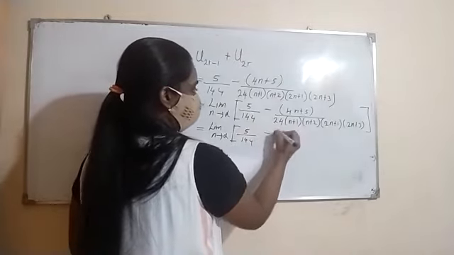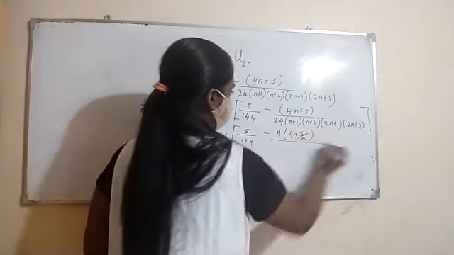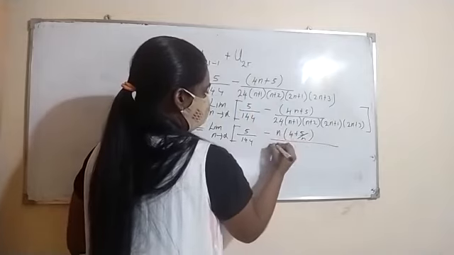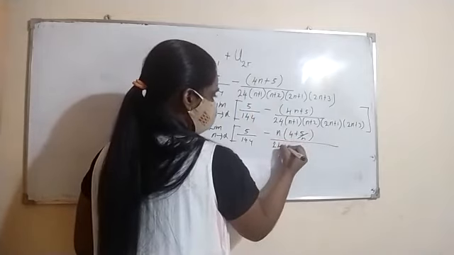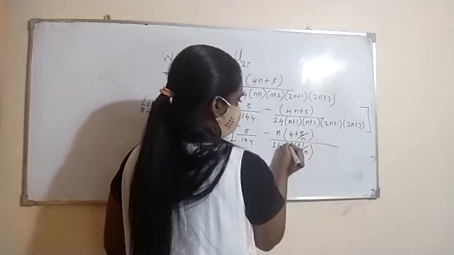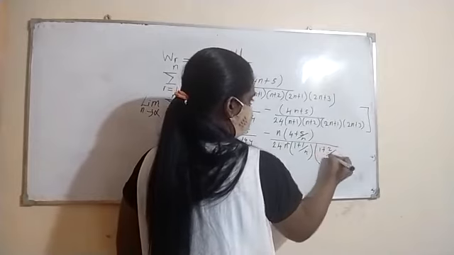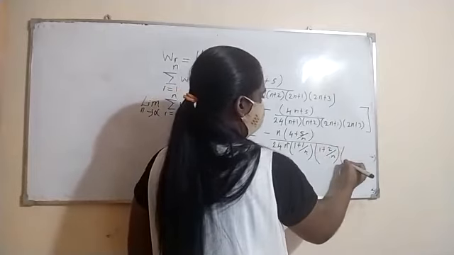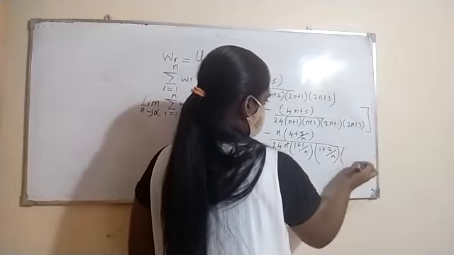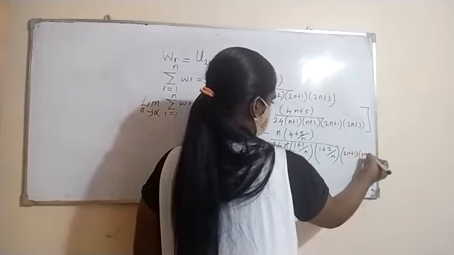Then this we can write as limit n tends to infinity 5 over 144. Okay. So I can take n common now. Then I will get 4 plus 5 over n. Here also, if I take n common, what I will get? 1 plus 1 over n. Here also n common, then n squared I will get. 1 plus 2 over n. Similarly, we can take n common. Or else you can keep it as 2n plus 1 into 2n plus 3.